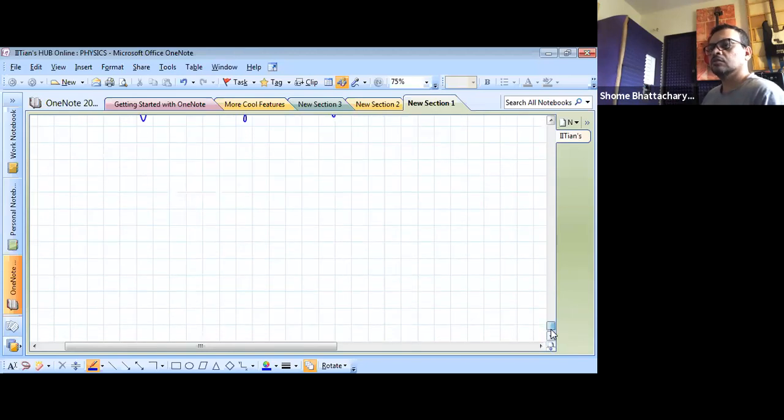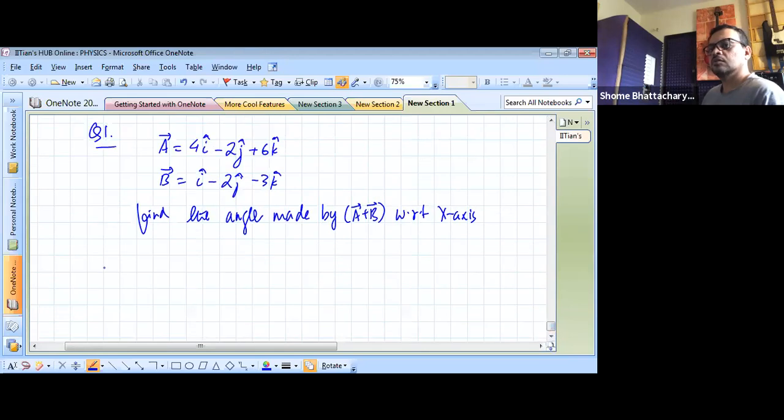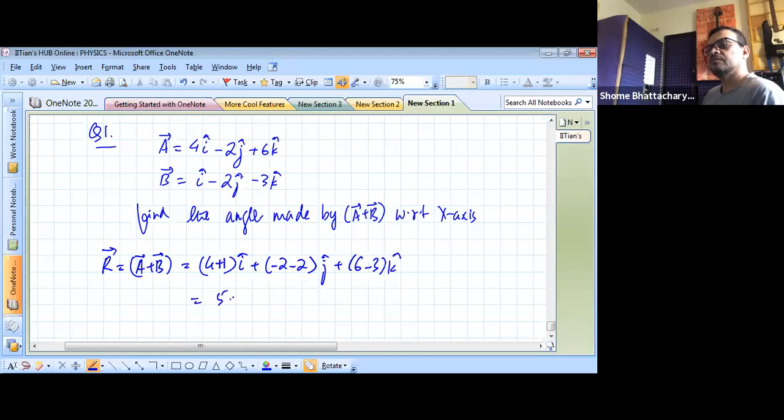The resultant of A plus B is 4 plus 1 i cap, plus minus 2 minus 2 j cap, plus 6 minus 3 k cap. So the resultant is 5 i cap minus 4 j cap plus 3 k cap.